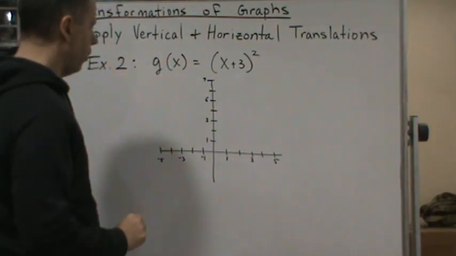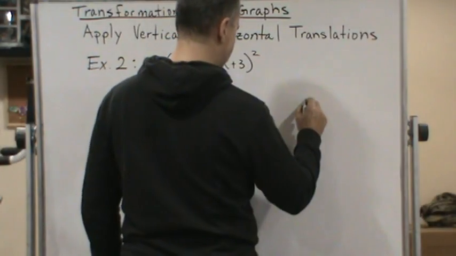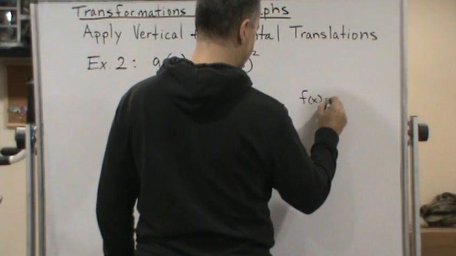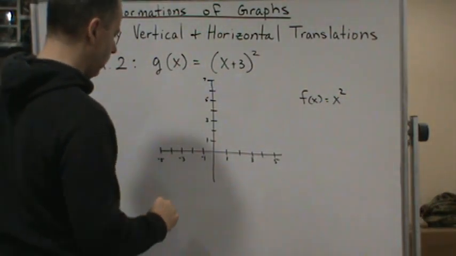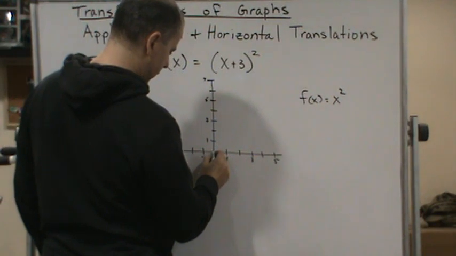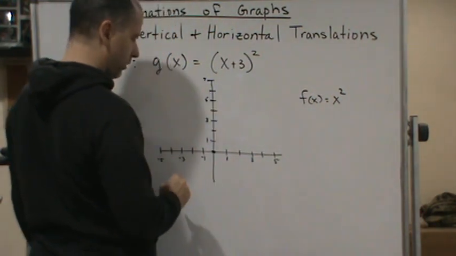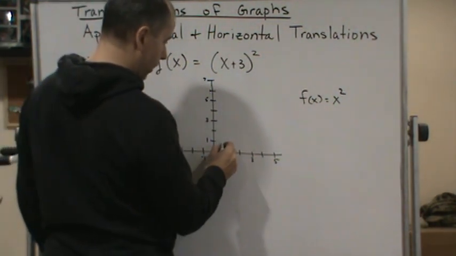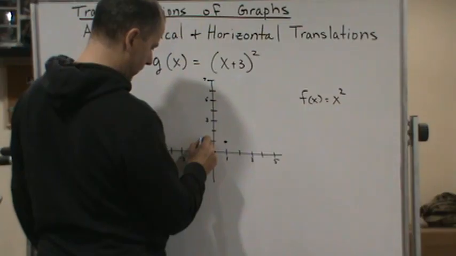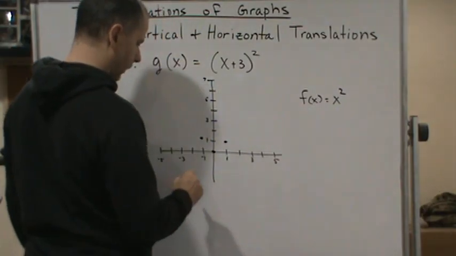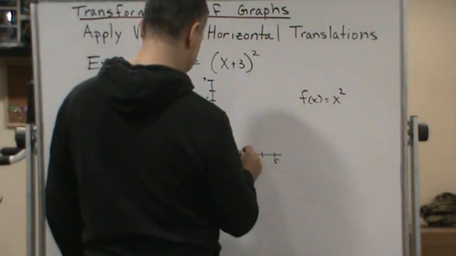Okay, so let's first graph f of x equal to x squared. And so again, it's going to start at 0, 0. The vertex is at 0, 0. We've got a point at 1, 1, negative 1, 1, and then 2, 4.